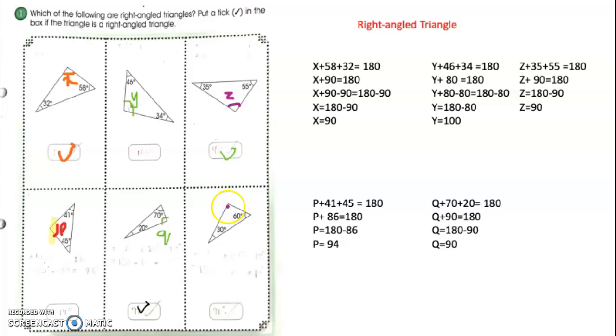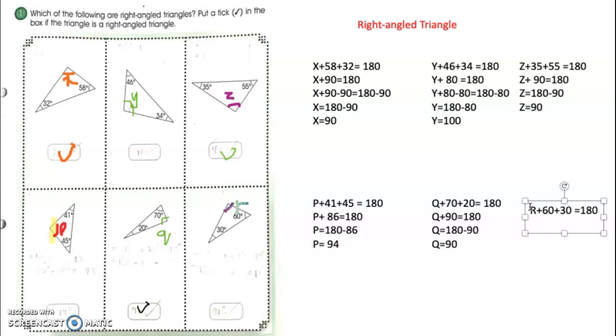Now the next one, let me mark this angle as R. Okay, now let's start using the fact that the sum of all the angles inside the triangle is equal to 180. So R plus 60 plus 30, please write this step when you're doing it, okay?